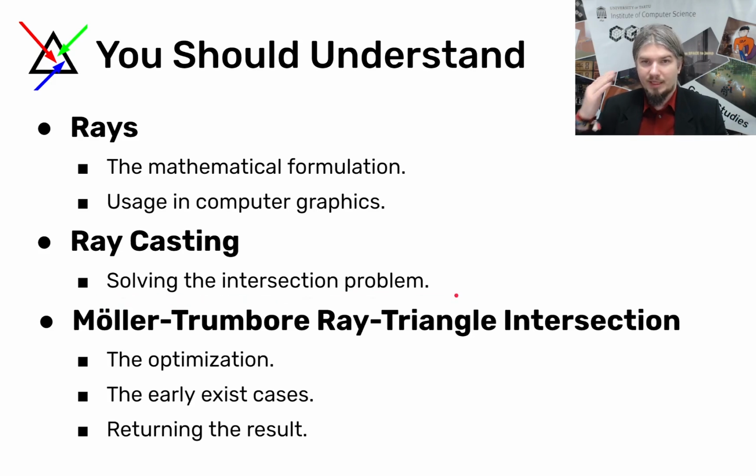So we have a mathematical ray and we have some mathematical formulation of our scene, usually triangles, so we solve the triangle ray intersection problem. The Möller-Trumbore algorithm is an optimized way of solving that intersection problem because it optimizes the number of cross products and calculations, there are early exit cases, and in the end, if all the checks pass, it will give us the ray triangle intersection hit point.